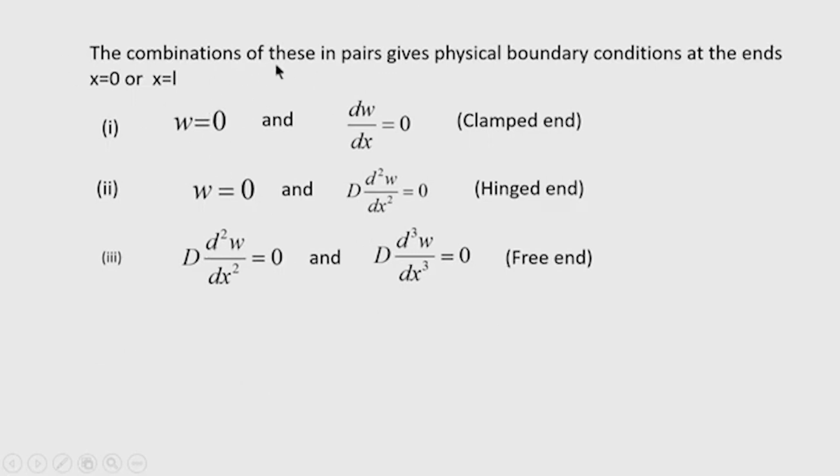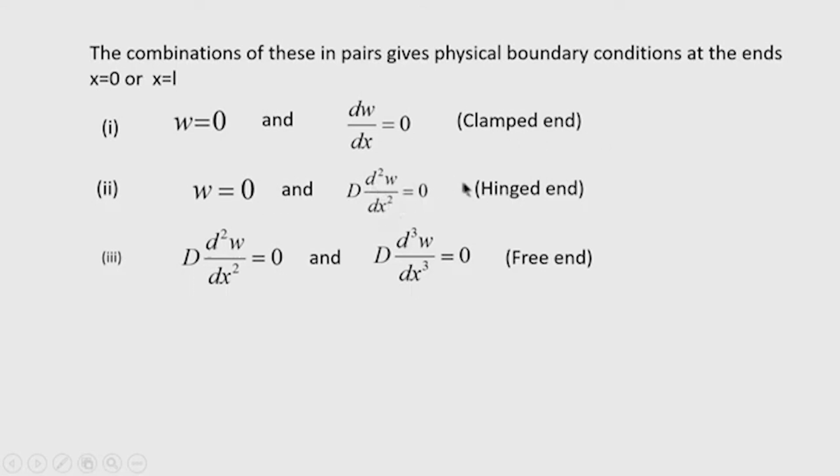The combinations of these in pairs give the physical boundary conditions at the ends x equal to 0 and x equal to L. So, at x equal to 0, one combination is w equal to 0, dw by dx equal to 0. That combination gives a clamped edge, clamped end, and another combination may be w equal to 0, d square w by dx square equal to 0.